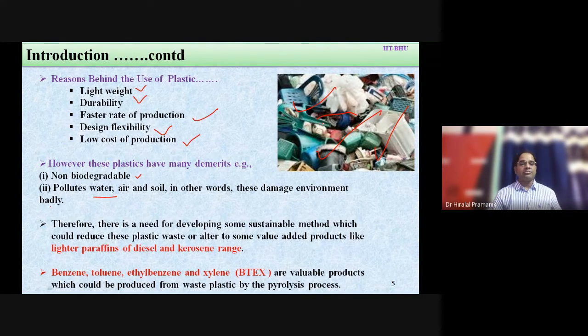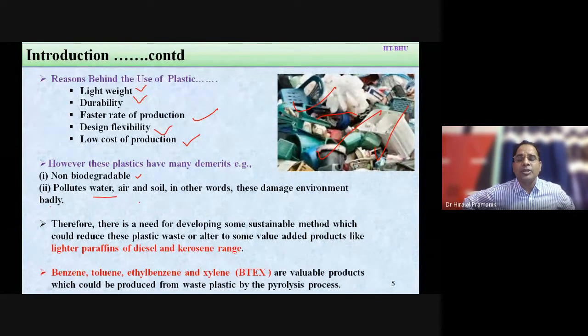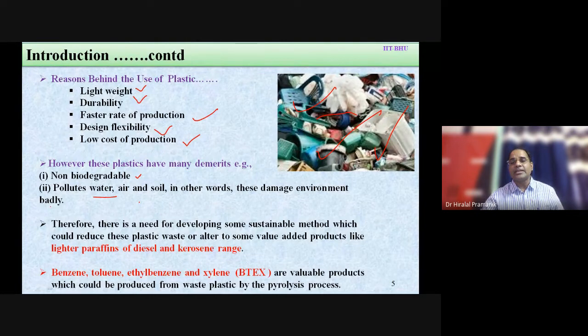That creates a problem. When there is a huge amount of plastic dumped and no space, what we basically do is burn it, incineration, to reduce the volume. Incineration creates air pollution, and many times plastics are washed away, go into the water body, and pollute it. They float on the water surface, and aquatic life is greatly affected, right?